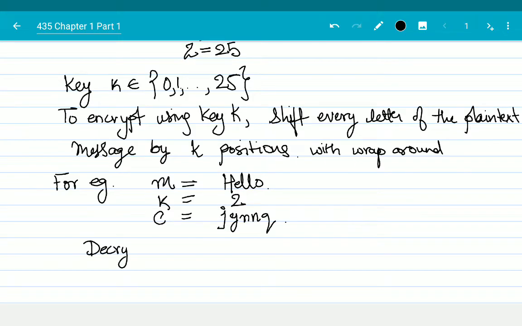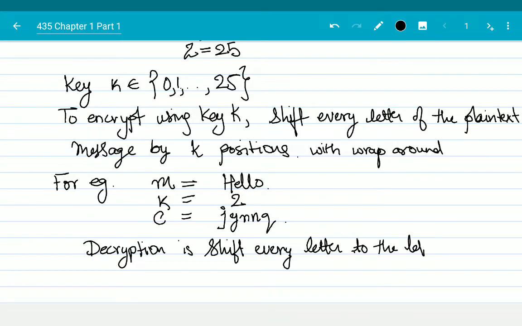Decryption is to shift every letter in reverse, to the left, by key positions.